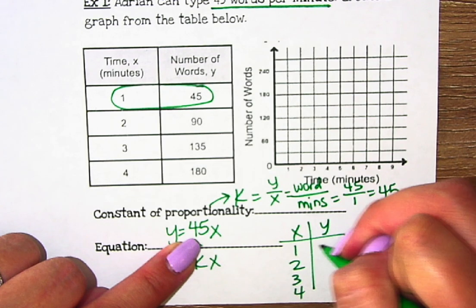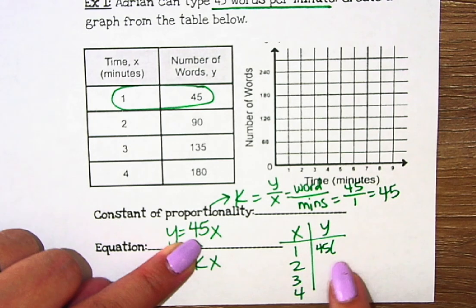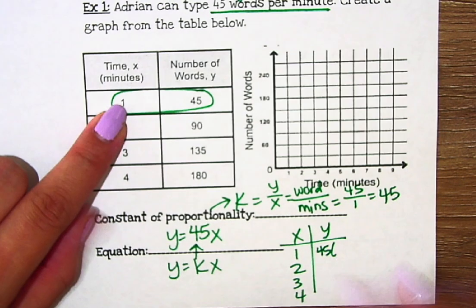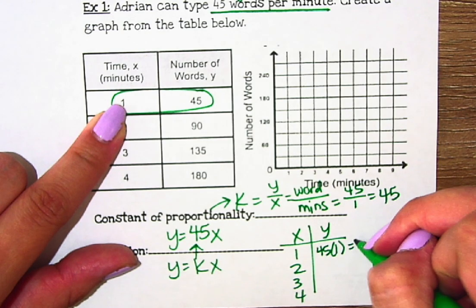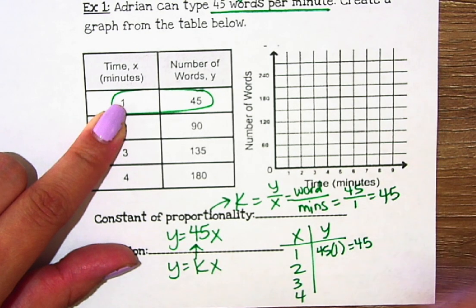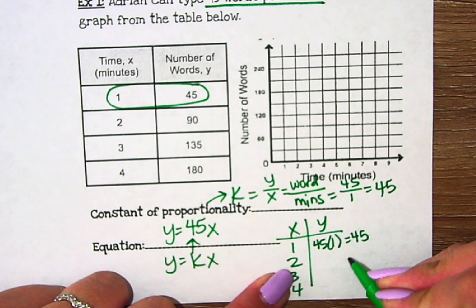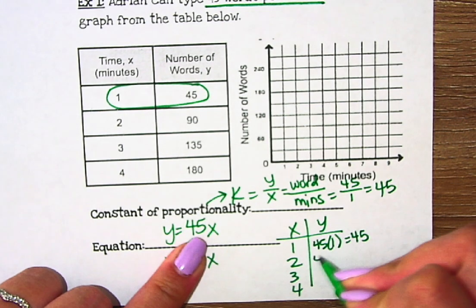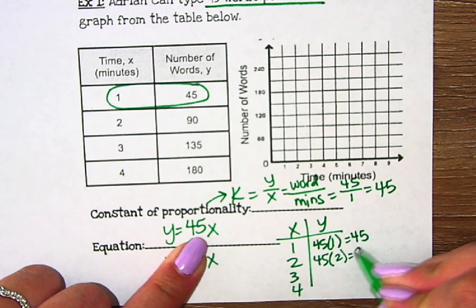Y is going to be 45 times, every time I see an X, I'm going to plug in the 1, because that's my X. So 45 times 1 is 45. I'm going to do my equation again. I'm using this equation, 45, I'm plugging in my X value. My X is 2 here. So 45 times 2 is going to give me 90.